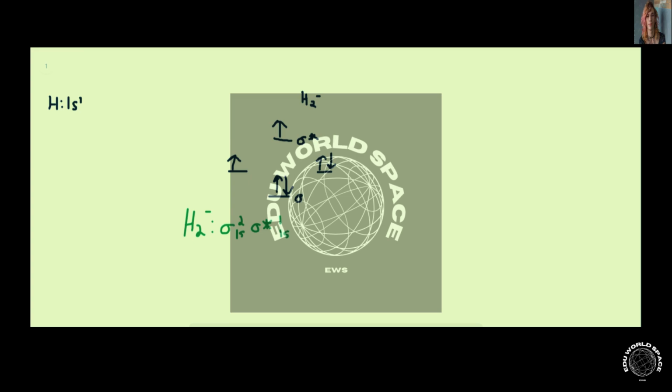Because we have two electrons in our sigma orbital, we have one electron in our anti-sigma orbital, and this is all with 1s electrons.